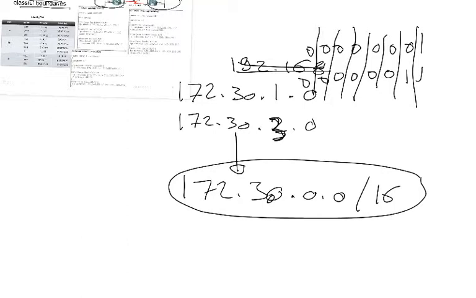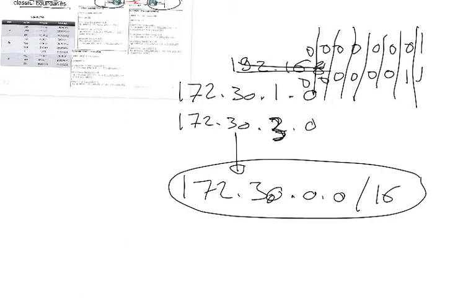But unfortunately, EIGRP does not support the summarization using classless addresses, although it actually communicates the subnet mask as part of the route update. So remember this information accurately. The only way for you to avoid discontiguous networks in the case of EIGRP is that you have to explicitly cancel auto-summarization.